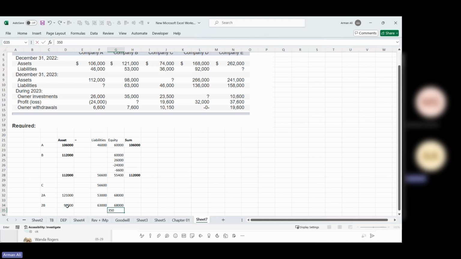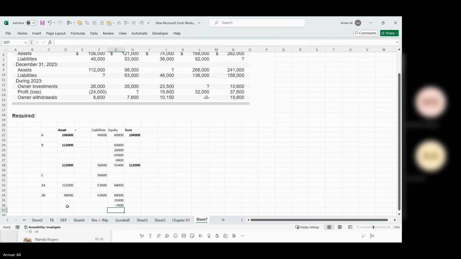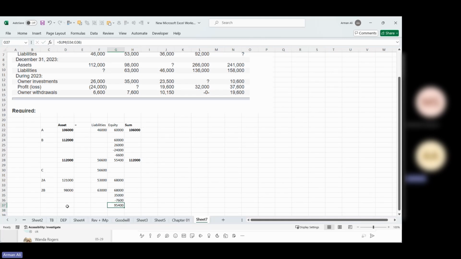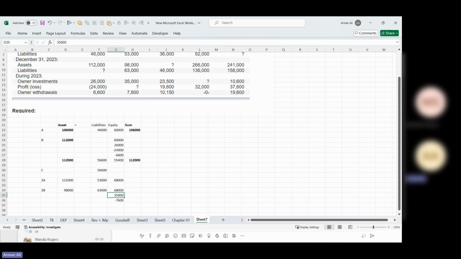Then we have 35,000 owner investment. Then we have owner withdrawal of 7,600. That 35,000 was our answer, sorry. We don't need to do any of these calculations. It's just this difference, that is 35,000. Then we have to see what was the profit and loss for 2023.